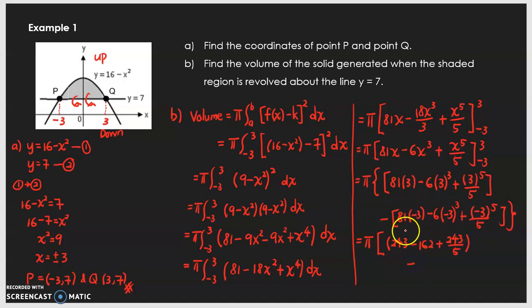Minus the second part, here is 81 times negative 3, negative 243. Here negative 3 power of 3 times negative 6, here is positive 162. Finally, here is negative 243 over 5.